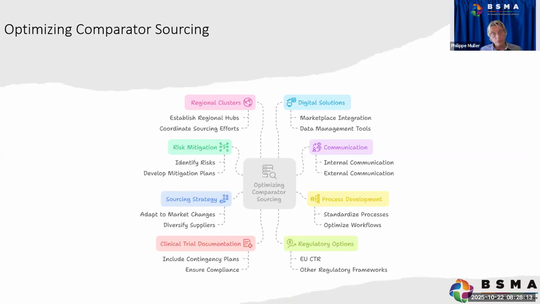So Inga was mentioning backup solution, backup products, and so on. Definitely, it's important to have a strategic view on sourcing comparators, right? Strategic view meaning, okay, what is my risk assessment and what is my backup plan?